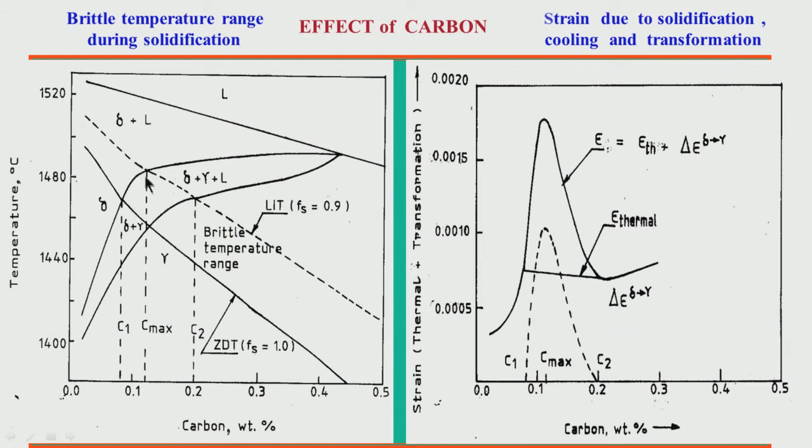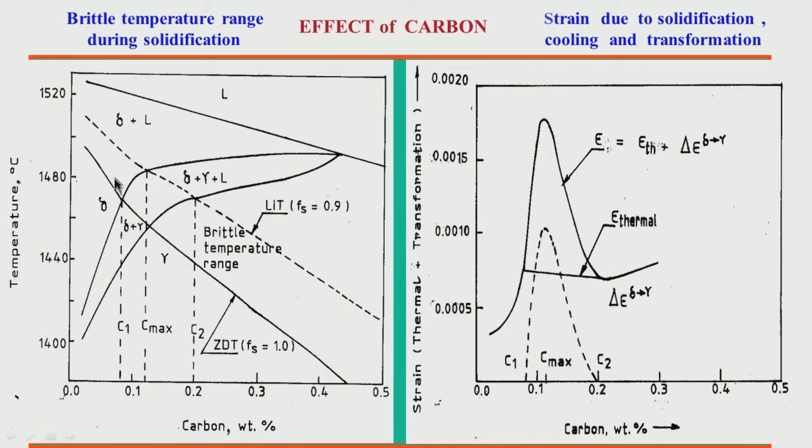That is why this chemistry Cmax, we have to be very careful, because when delta to gamma transformation takes place, I have told you it has some shrinkage. So, that shrinkage is taking place in the brittle temperature range. That means the strain due to shrinkage from delta to gamma transformation is taking place within this brittle temperature range.